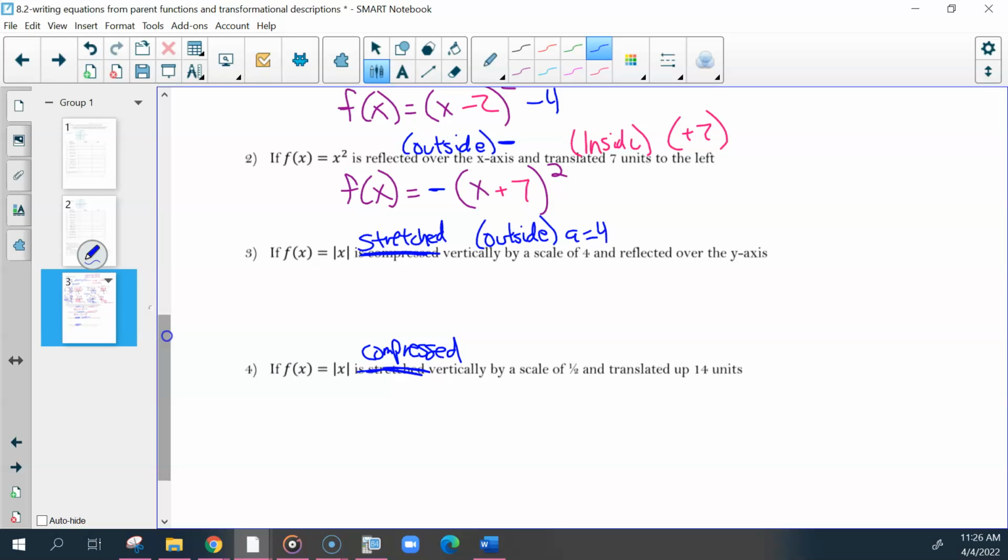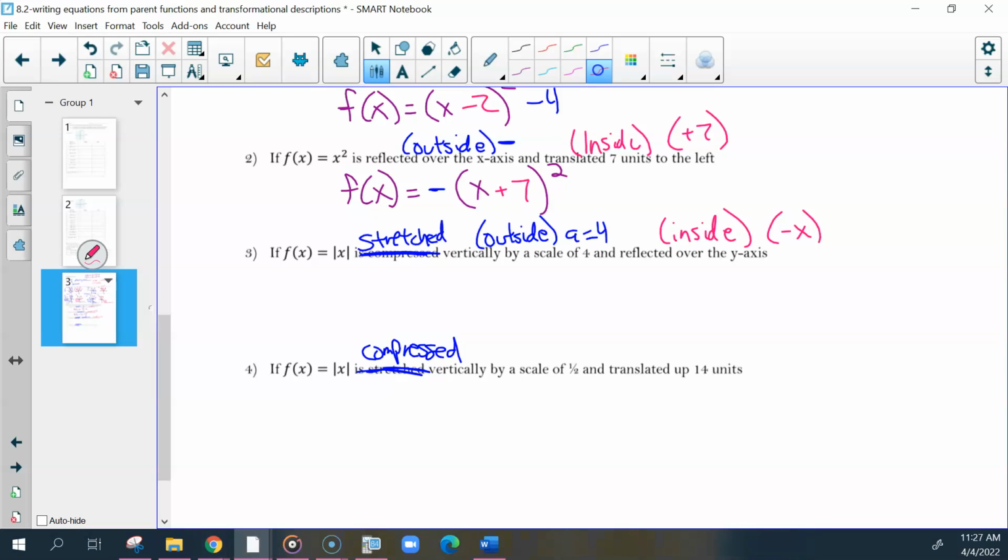Reflected over the y-axis. Is that horizontal or vertical? Reflected over the y-axis. This would be horizontal. So this would be inside. So we'd have a negative x on the inside.